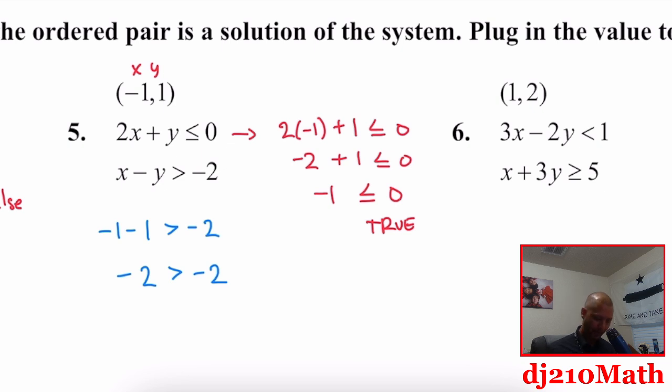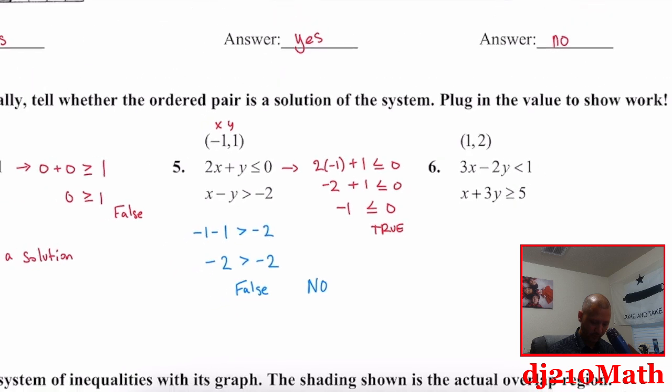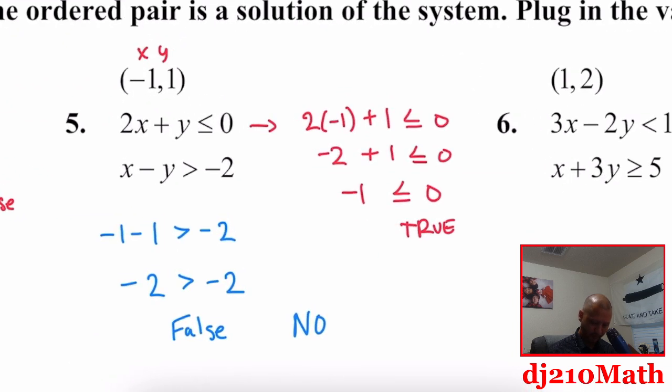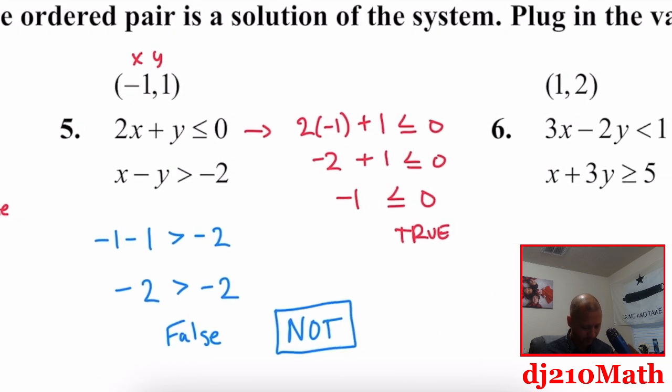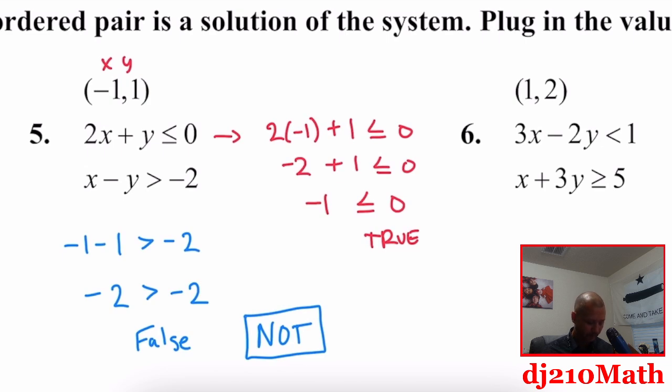No, it's not. Negative 2 is exactly negative 2. So this is false. So again, we have no. Not a solution. We have 2 nots in a row. Kind of crazy.